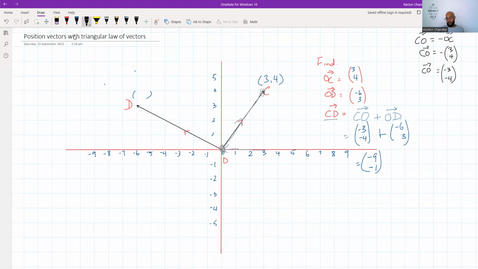Right? So we found what CD is. So CD is equal to -9, -1.